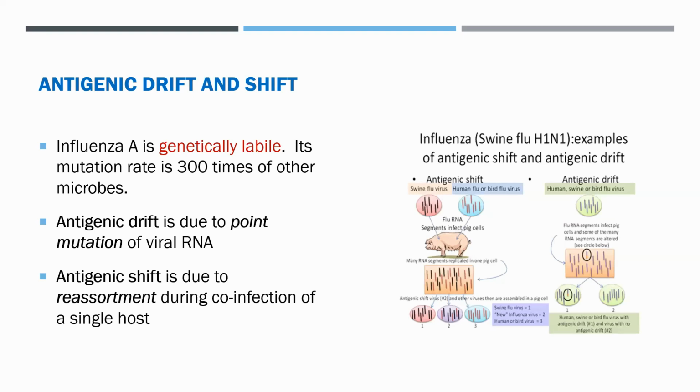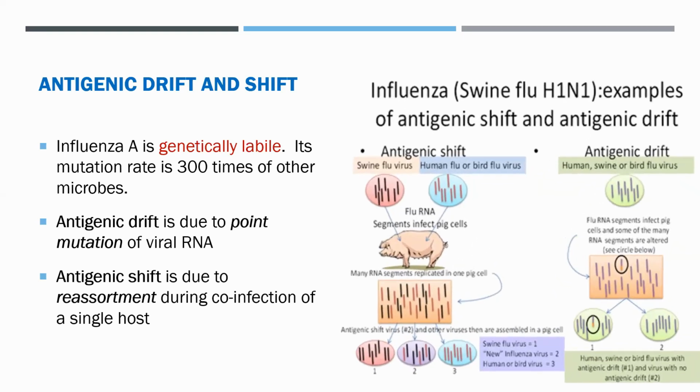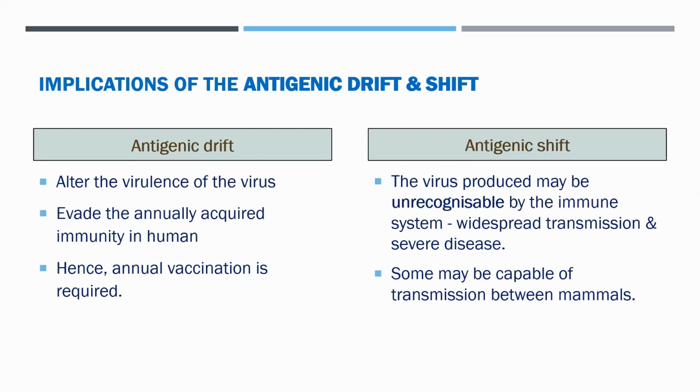As a result of this, the virus produced is unrecognizable by the immune system, and it has the potential of causing widespread transmission, as well as very sudden emergence of very severe disease.